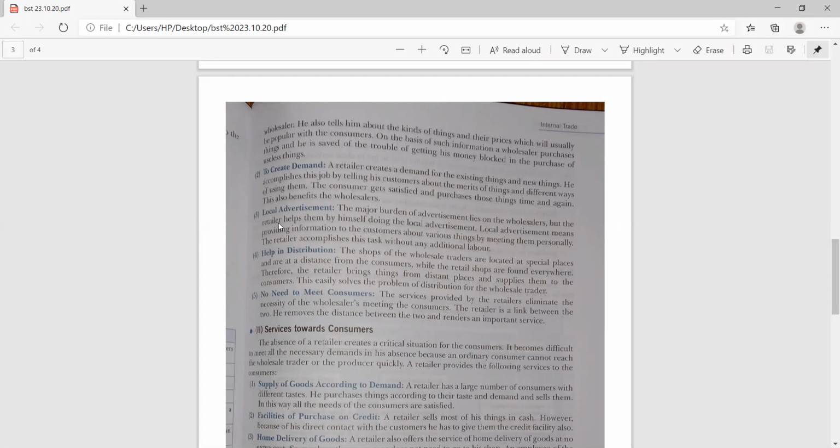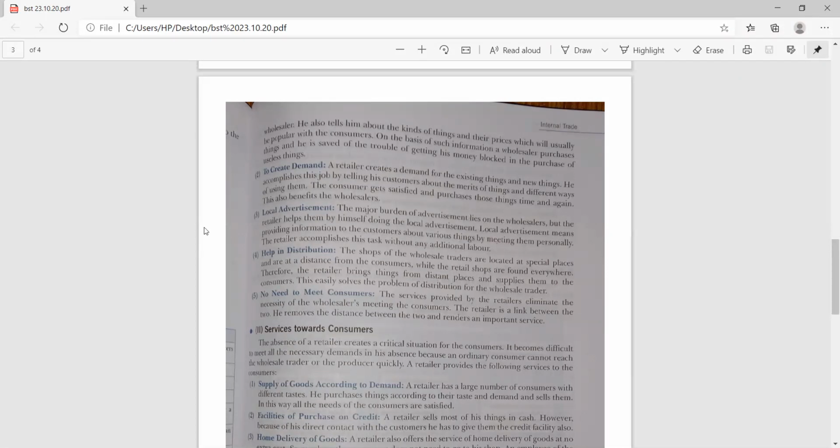But as far as the retailer is concerned, what he does is introduce the goods to the customers. In a way, he is doing marketing of that particular product. When he is doing the marketing of that product, it gets advertised itself.